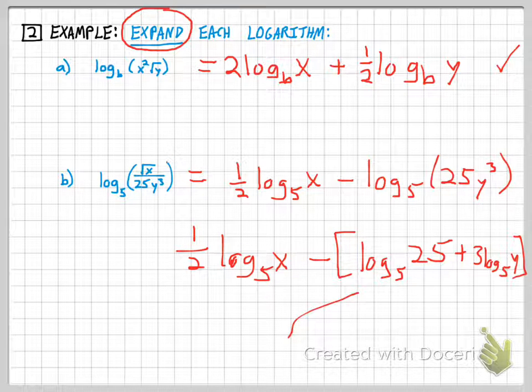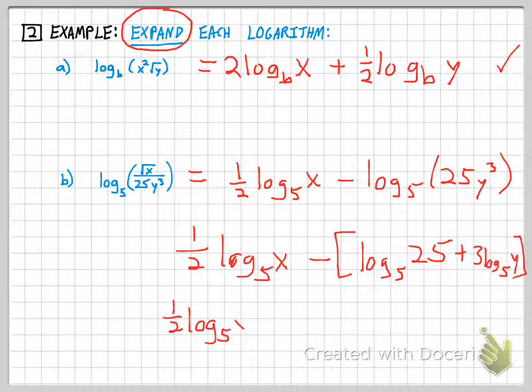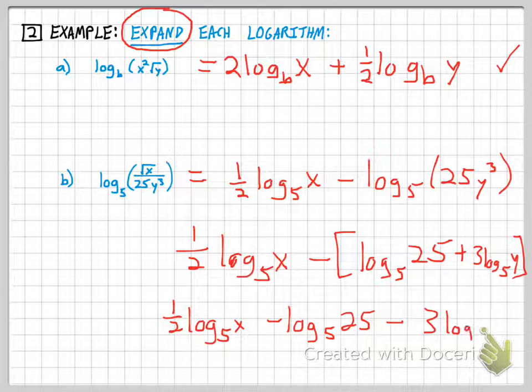Okay. Ran out of room a little bit there, but that's my final answer. If you want to, you could distribute that negative sign. So another way of writing your answer, log base 5 of x minus log base 5 of 25 minus, when I distribute, 3 log base 5 of y.